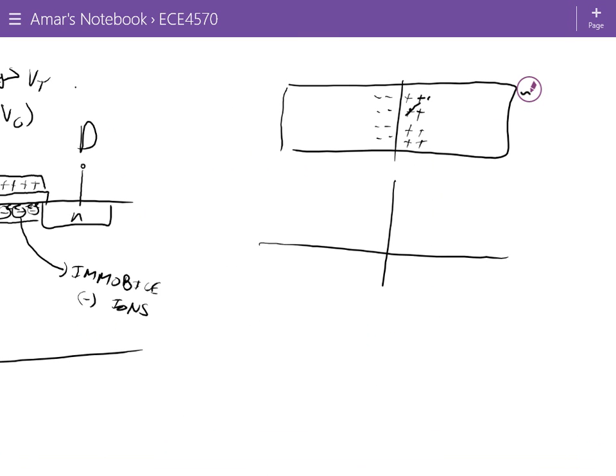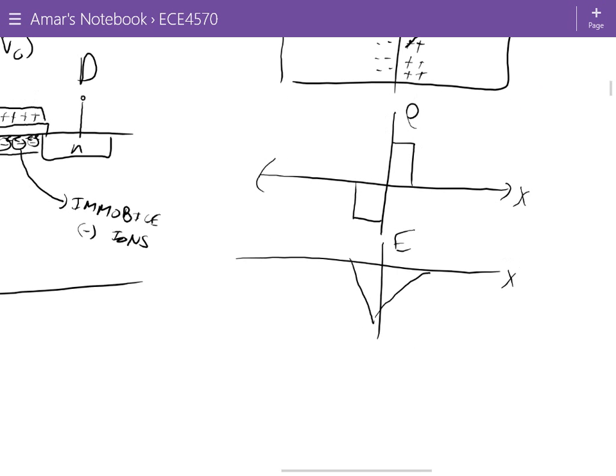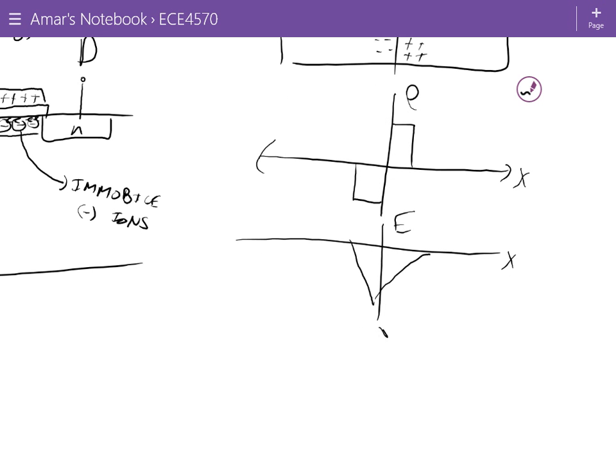First we drew a charge density plot. It looks something like this. This is x, this is the charge density. Then we drew the electric field plot, which looks something like this. And then we drew the electrostatic potential.